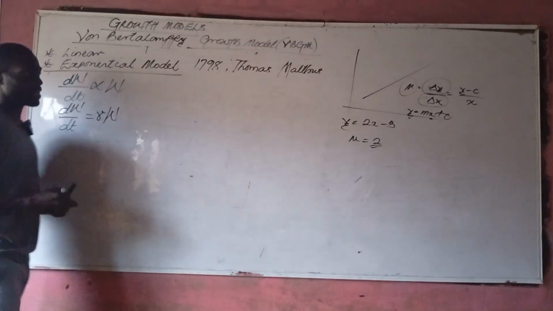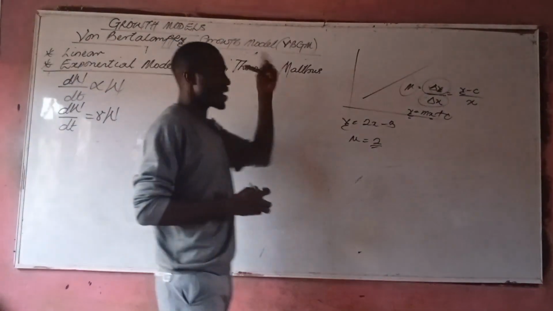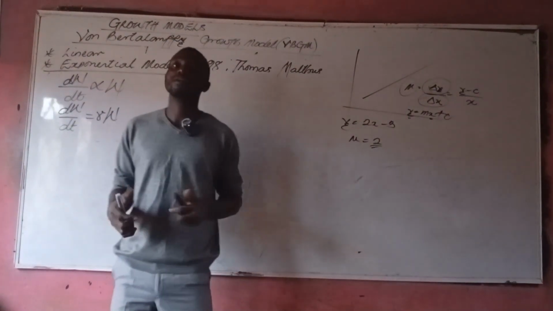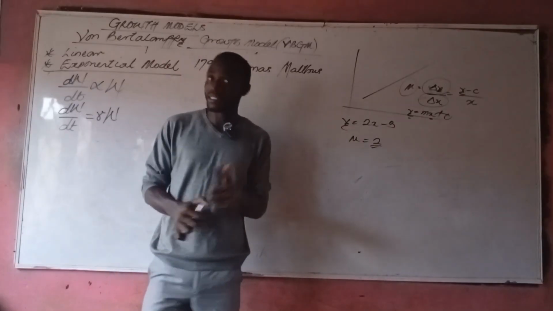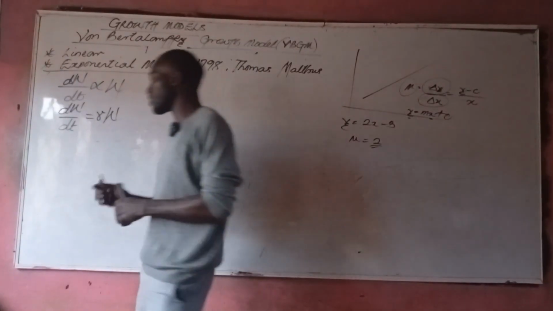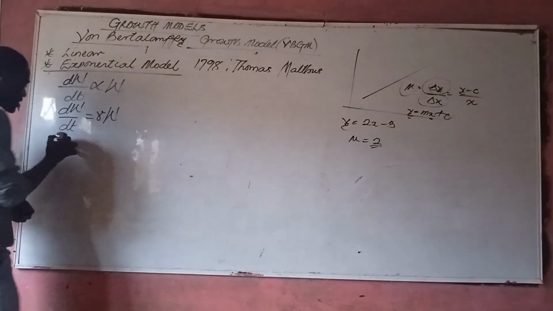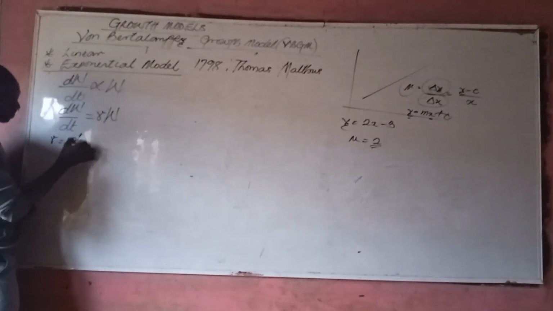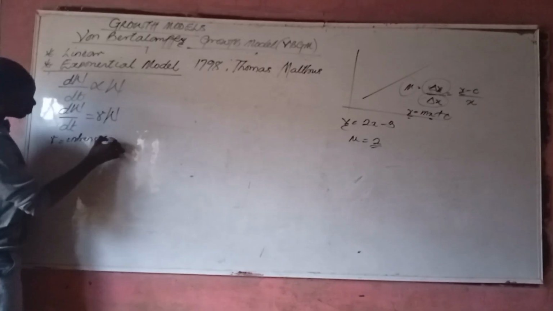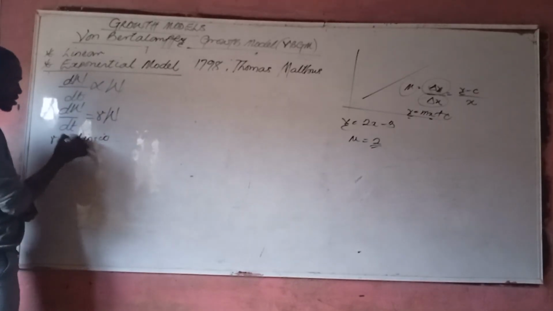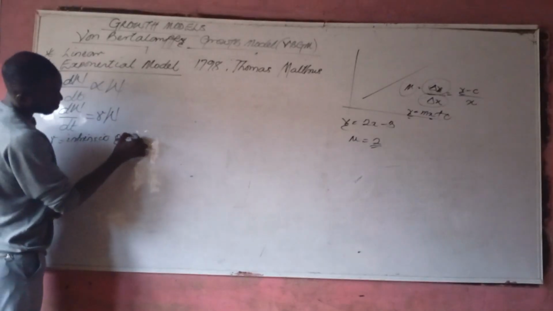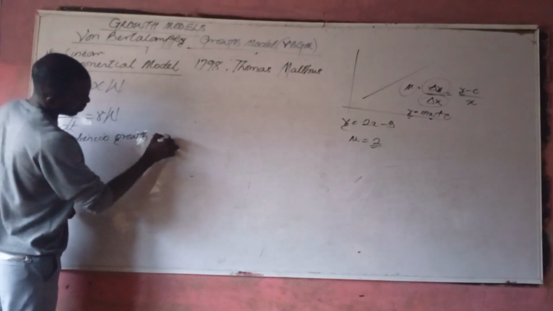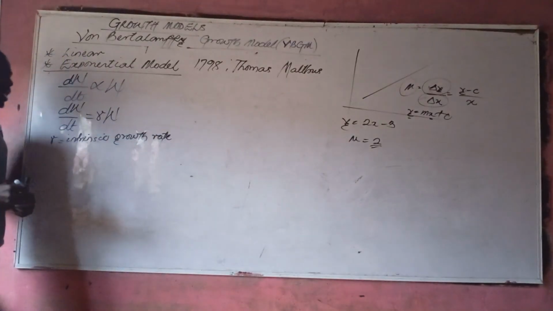Remember that our k in the linear model is the growth constant. This r here is called the intrinsic growth rate. Now, what is the intrinsic growth rate?